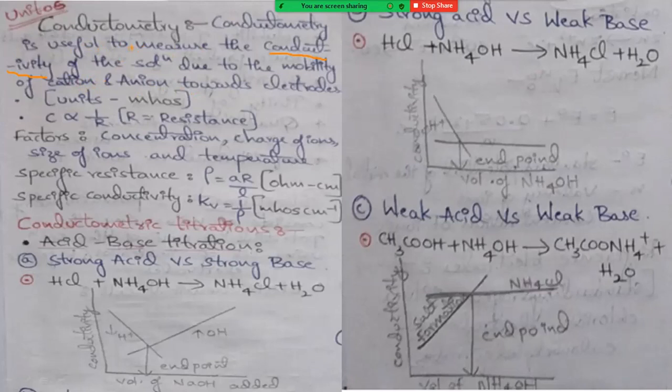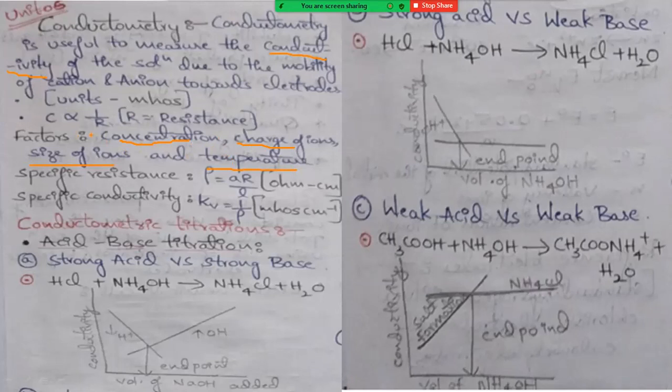This conductometry mainly depends upon a few important factors: concentration, charge of ions, size of ions, and temperature. These four factors are very important. When you are performing the conductivity experiment, the first one is the concentration of the sample solution.